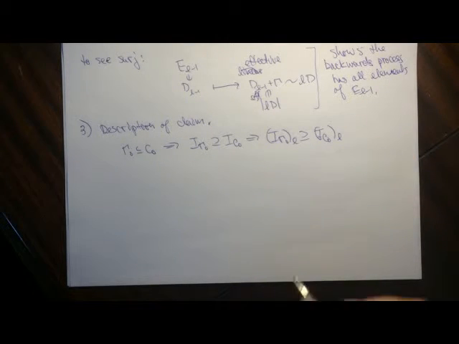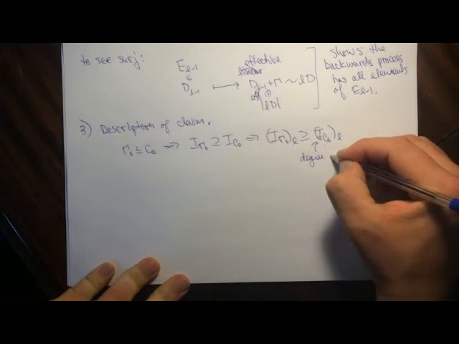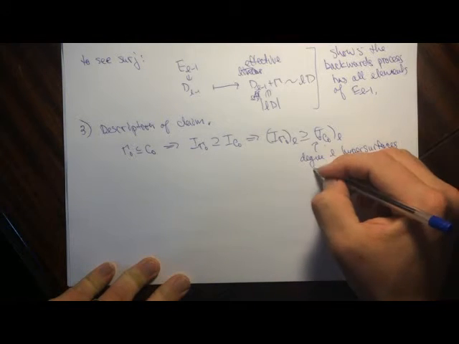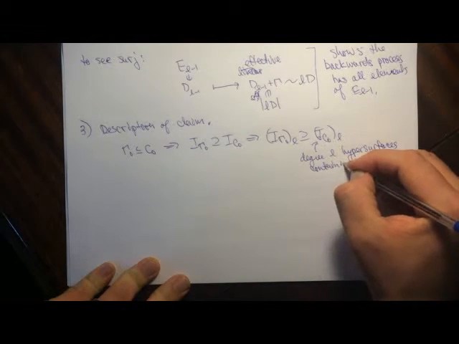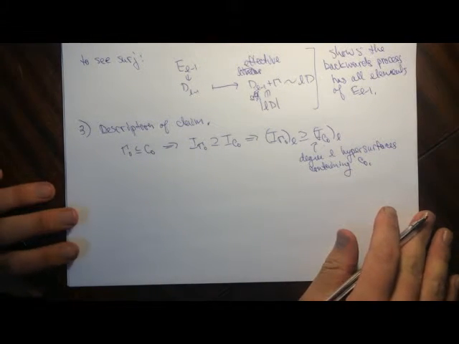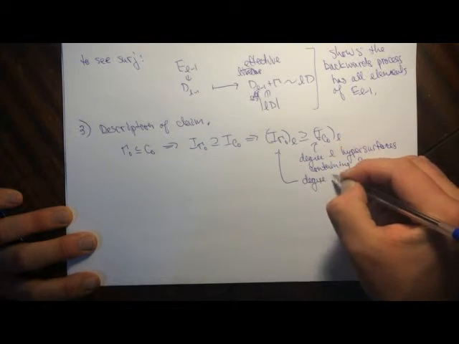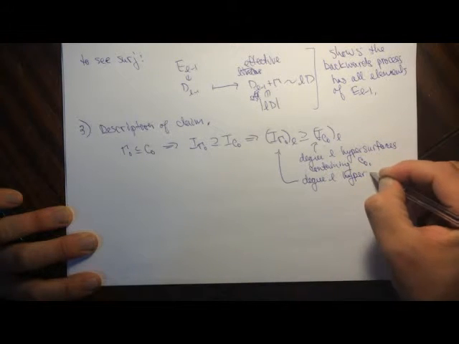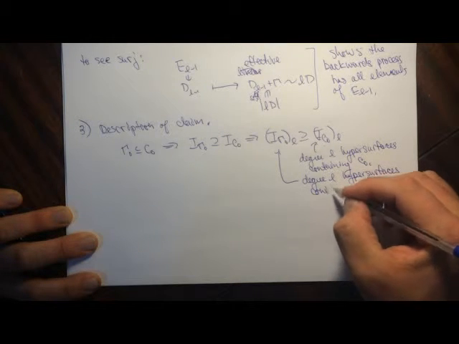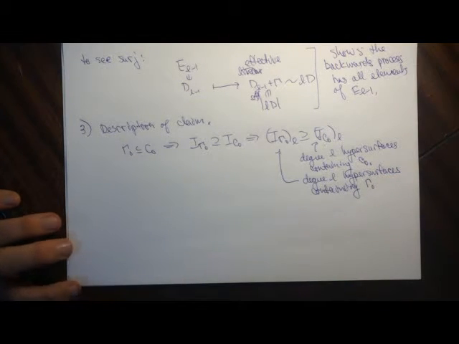Okay, so here, this parameterizes degree L hypersurfaces containing C_0, so containing the curve. And so similarly, this is the degree L hypersurfaces containing that hyperplane.